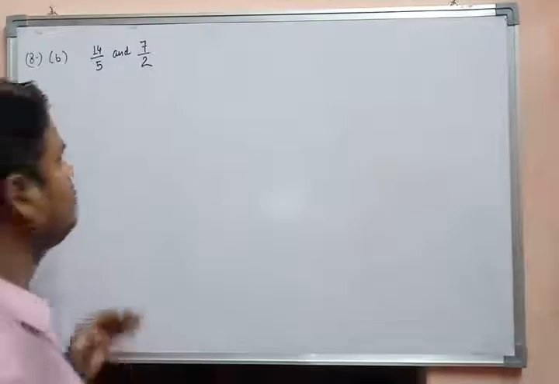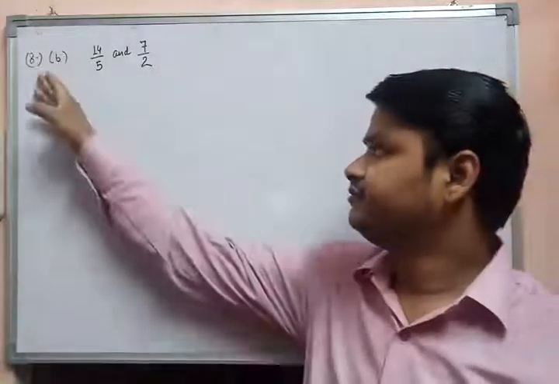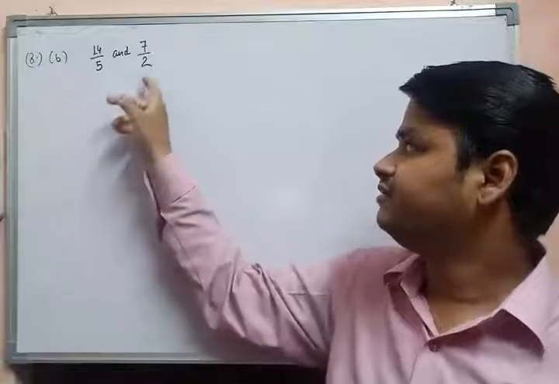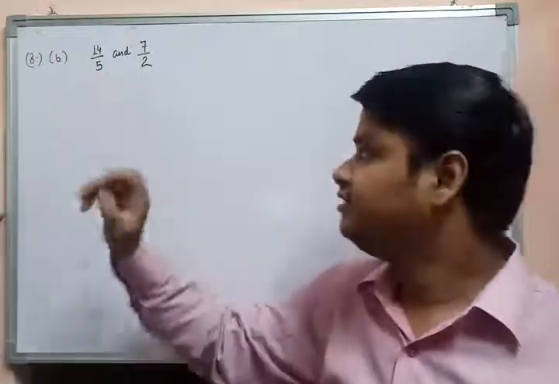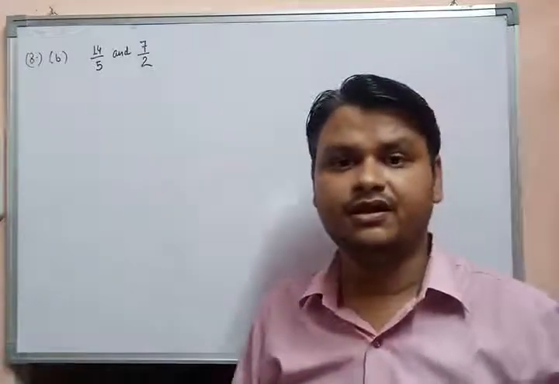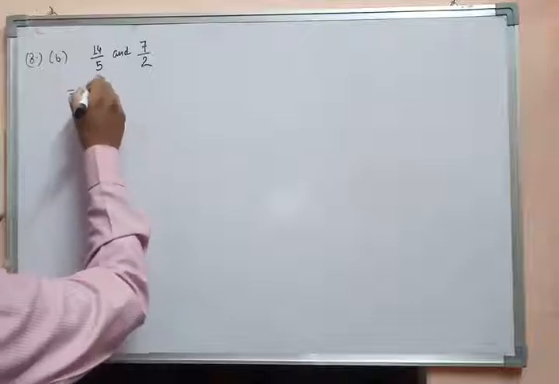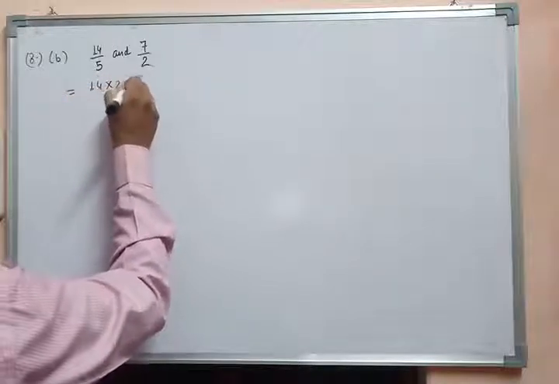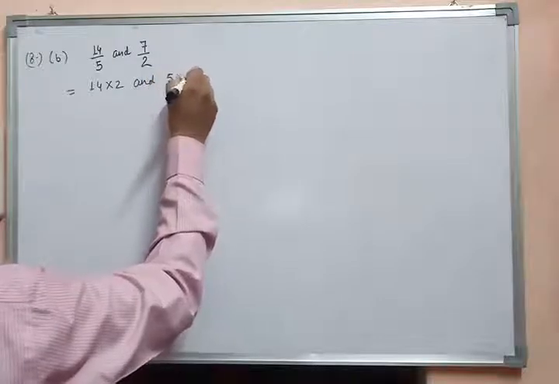Now students, we are moving to another question, question number 8, part b. You have to again check whether these numbers are equivalent or not. Then again you have to apply the concept of cross multiplication like this: 14 into 2 and 5 into 7.